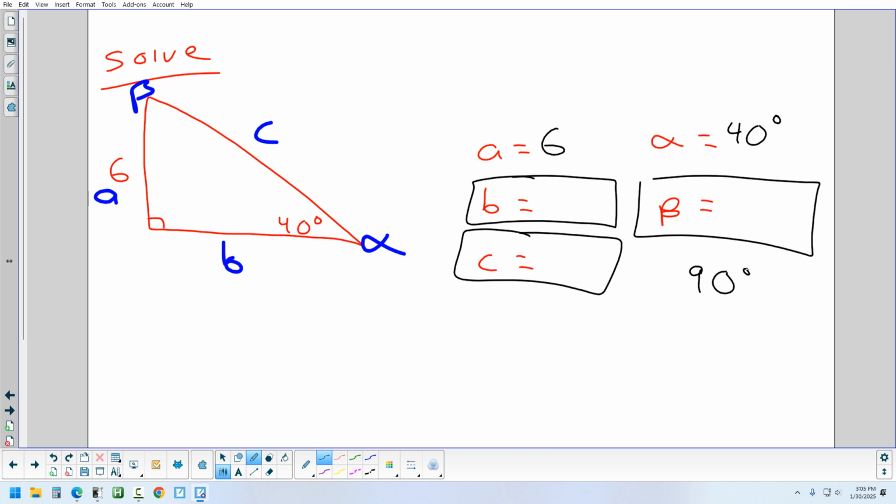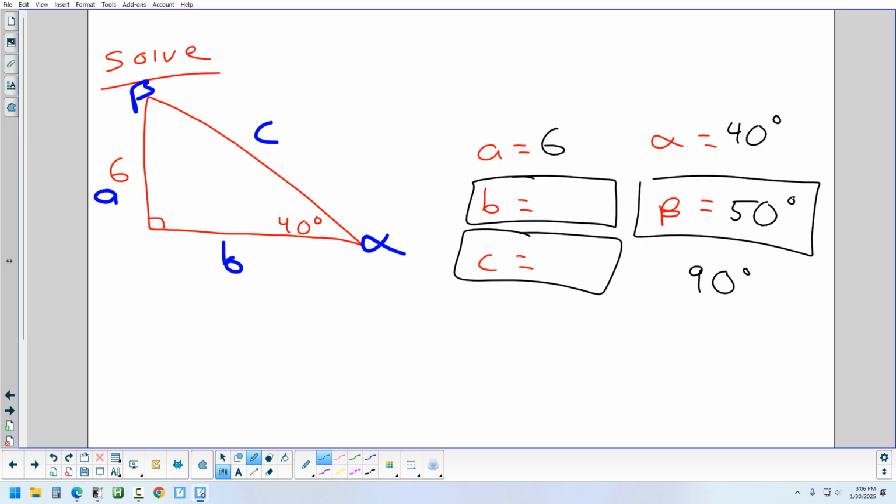We don't really need a calculator for that. We just have to make sure all the angles add up to how much? Yep, 180. So what would beta have to be to make that happen? 50. Yep. So beta is 50.